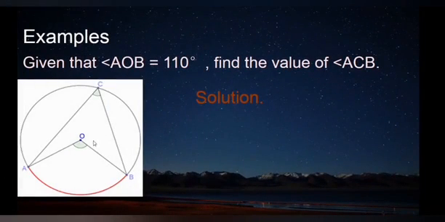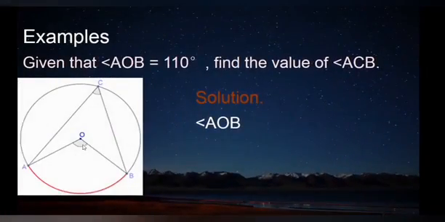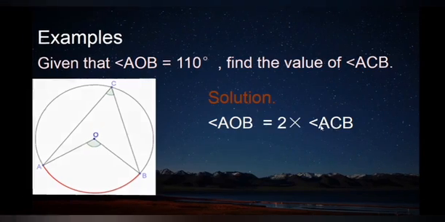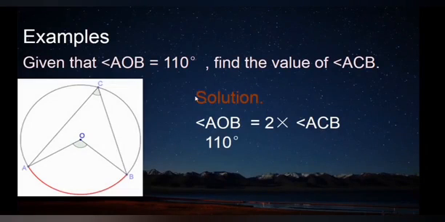Remember, we said the angle at center, AOB in this case, is twice that at the circumference, which in this case is ACB. Angle at center, AOB, is twice ACB at the circumference. Now we have been given the value of AOB as 110.